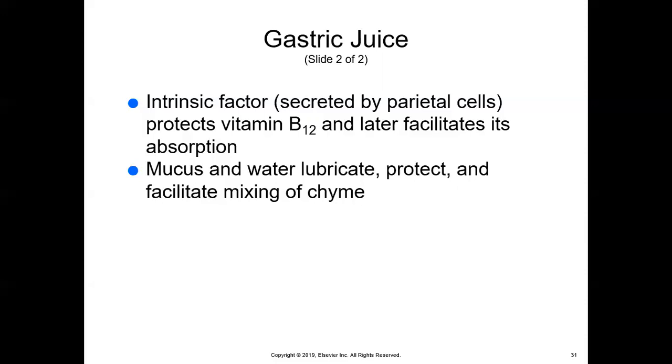Vitamin B12 is very important for a number of processes in the body. I want you to know that intrinsic factor is necessary for protecting and absorbing vitamin B12. And then also the gastric juice has mucus and water that lubricates, protects, and facilitates the mixing of chyme.